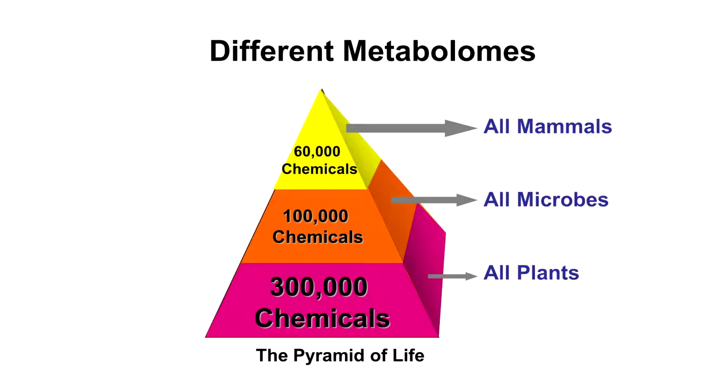But what's perhaps most interesting of all is the diversity of plant metabolites, and that the number of known compounds that seem to derive or have been identified from plants is approaching 300,000. So why is it that plants have a much greater metabolome or more complicated metabolome than animals or microbes? This has to do with the fact that plants can't run away.